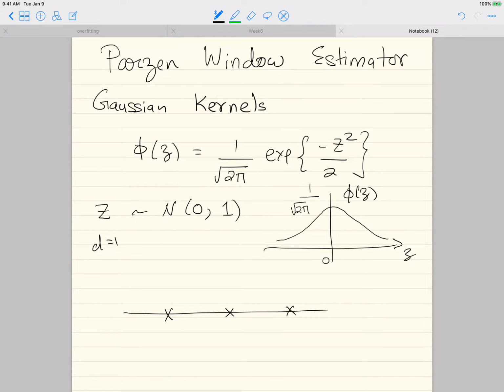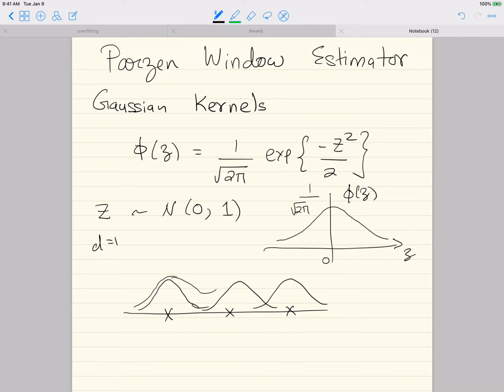What you will do is you will take this Gaussian and shift it so it is centered around each point. And then you will sum up their contributions. So you'll have one Gaussian that might look like this, another Gaussian that looks like this, a third one that looks like this. They're all shifted now, so they are centered around those 3 data points, and you sum up their contributions.